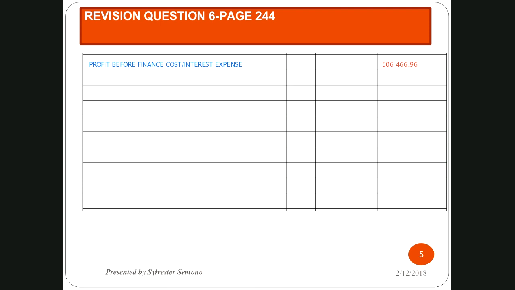That is one of the interests. How much is the amount? The interest on creditors account is 7,961.81.